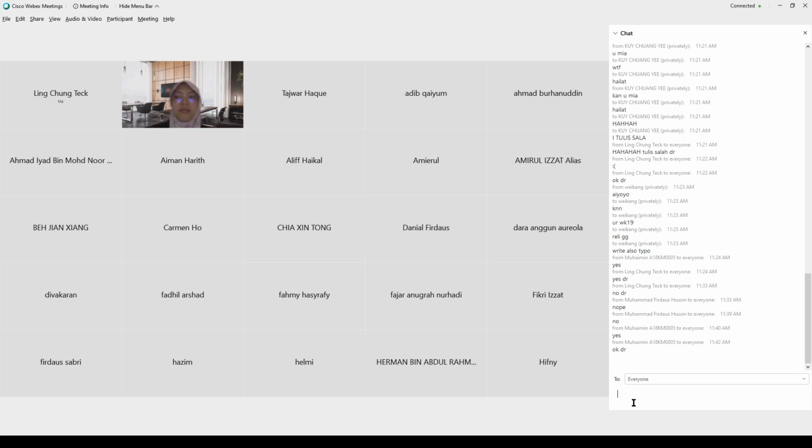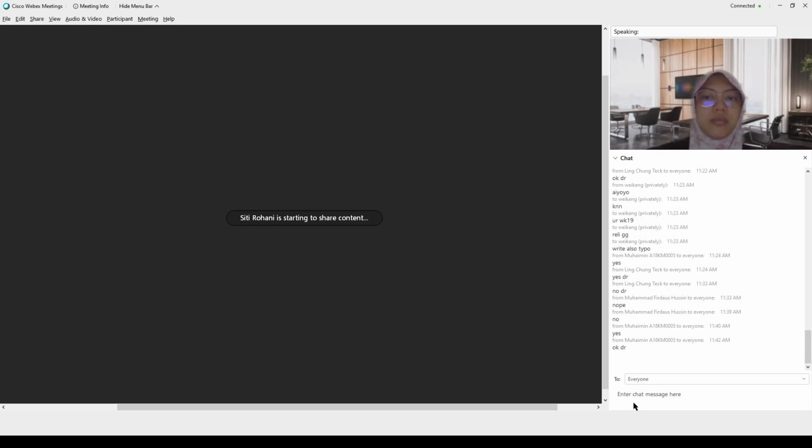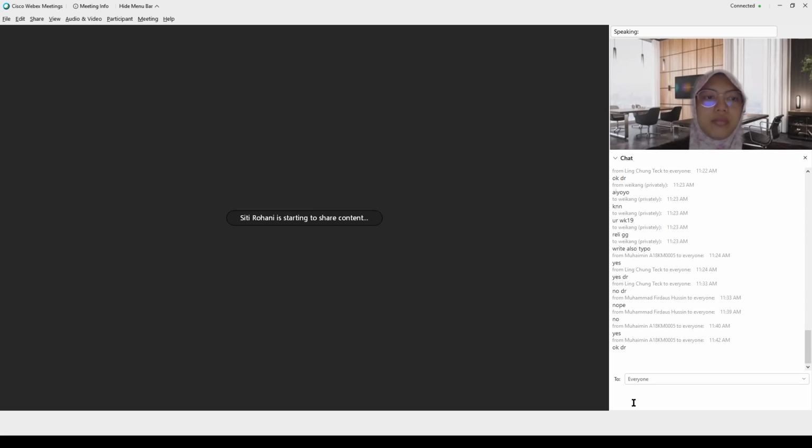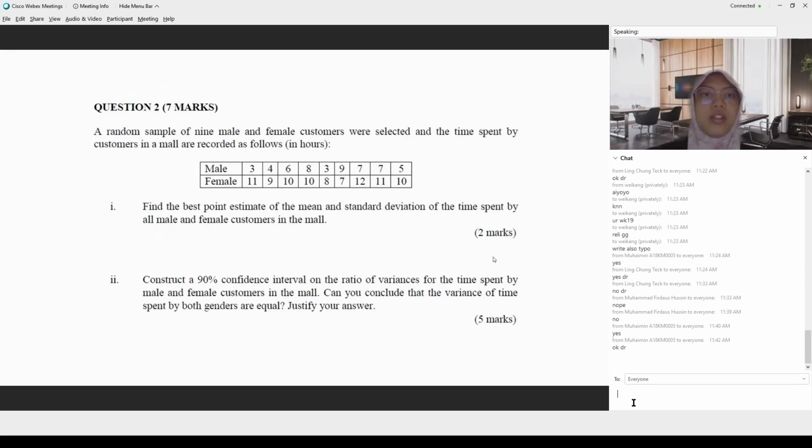Okay. Another one is for this question. Okay, for question 2, if you notice your past year questions, this kind of question is quite popular. For example, they will ask you to conclude whether the variance of time spent by both genders are equal.